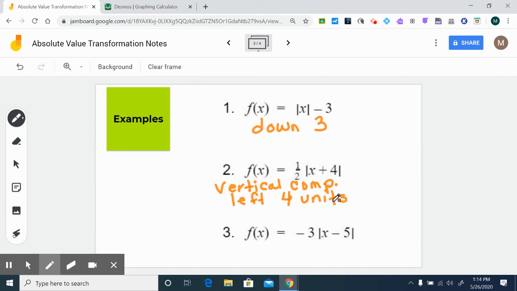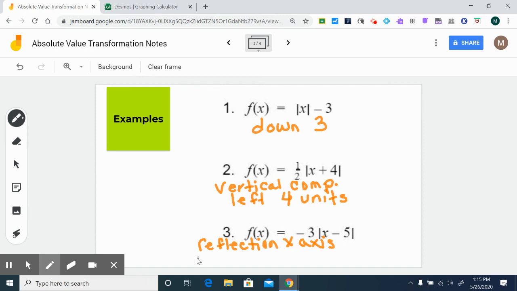And then last but not least, again, we have 2 parameters, so we have 2 transformations. Except we actually have 3 because of this negative in front. This negative means that it's a reflection across the x-axis.